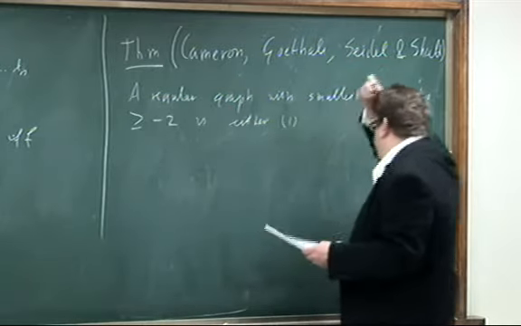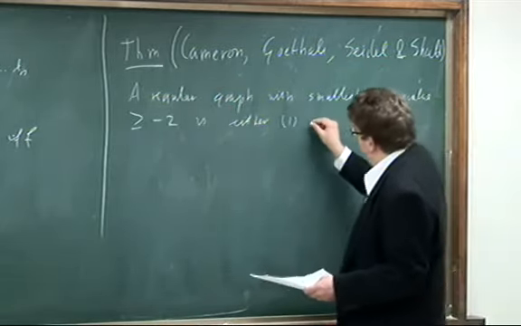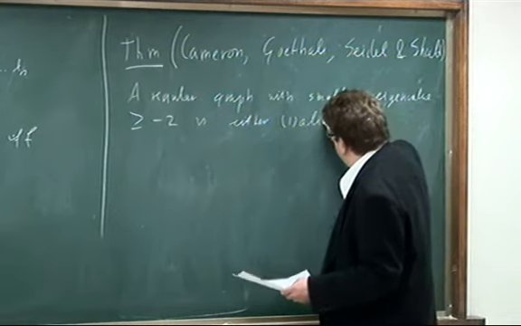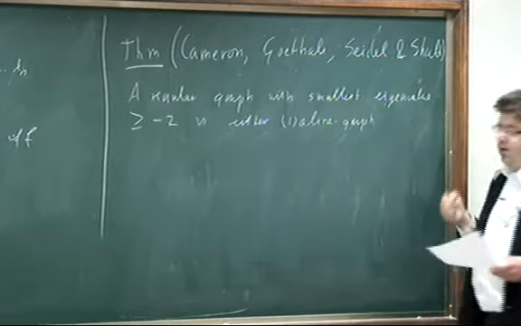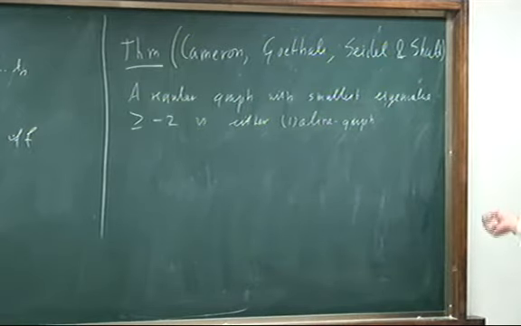It is a line graph. A line graph is a graph which you obtain by taking the edges of another graph, where two of those edges are adjacent if they have a common endpoint.